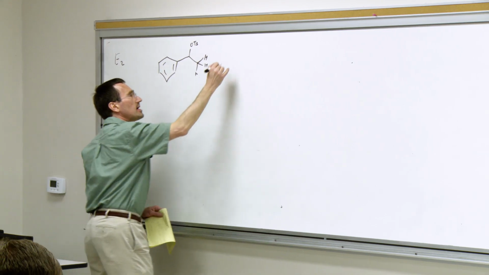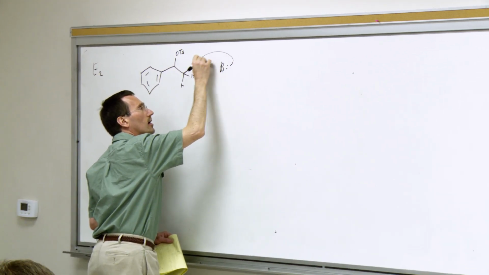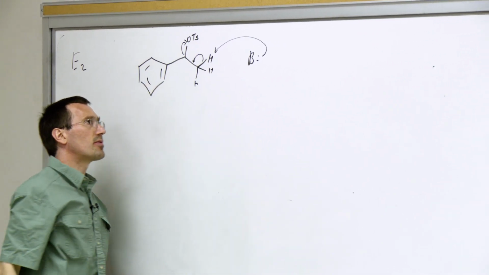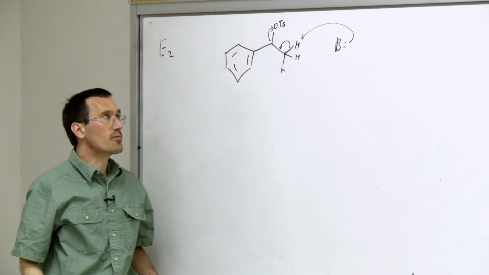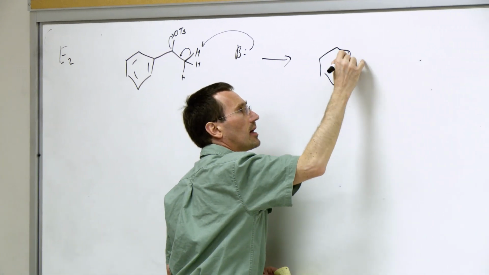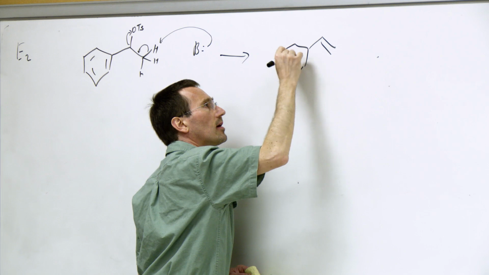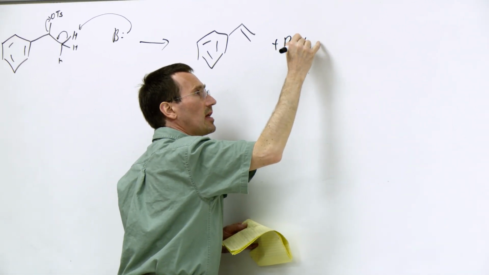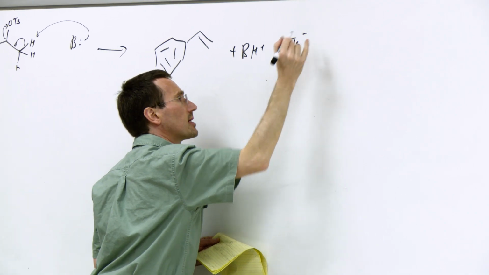Your base comes along, pulls off the proton. You break the bond to the tosylate. At the same time, you get your double bond plus BH plus OTs minus.